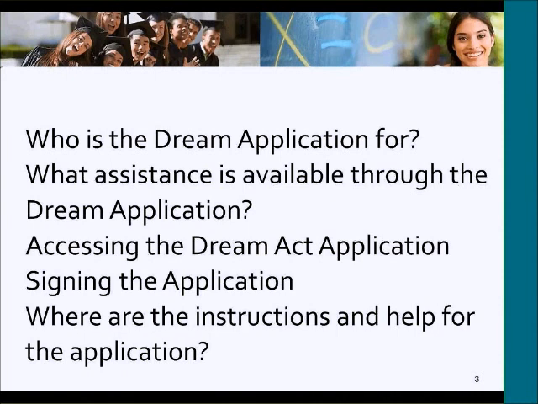It's more going to be an overview pointing out some of the critical bits of information and then why that information is necessary. And then we'll go through the signature process, which is a little clunky, but it's doable. And then, again, where we get instructions and help.